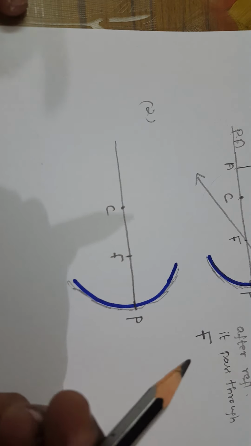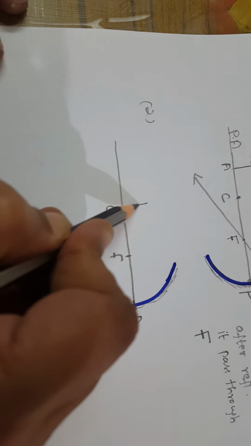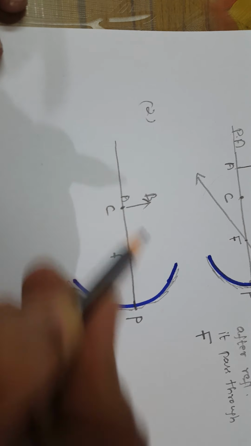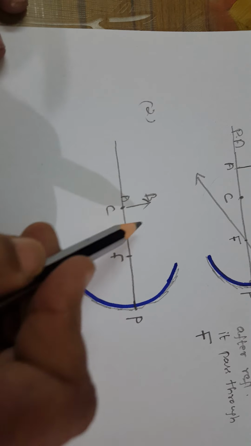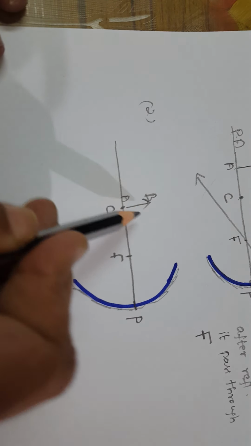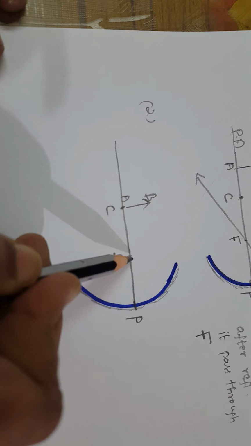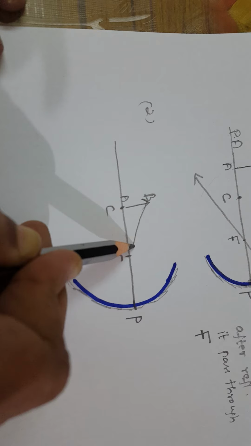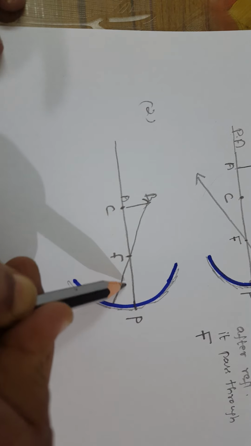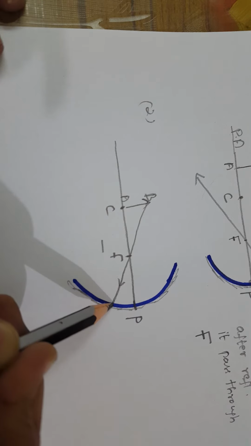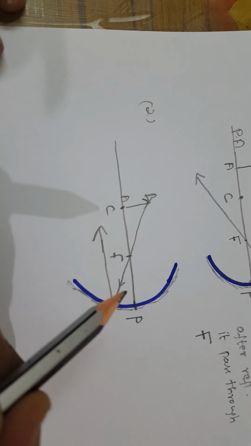Now we will learn the second rule. What I am drawing now, this AB object is on the center of curvature. Okay, send a light ray from the head of the object. Now if the light ray is passing through the focus, after reflection from the mirror, it becomes parallel. Okay, this is rule number 2.